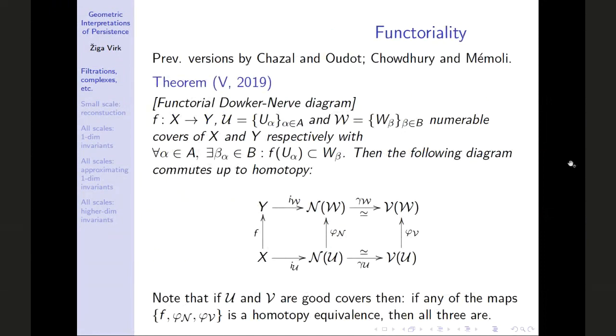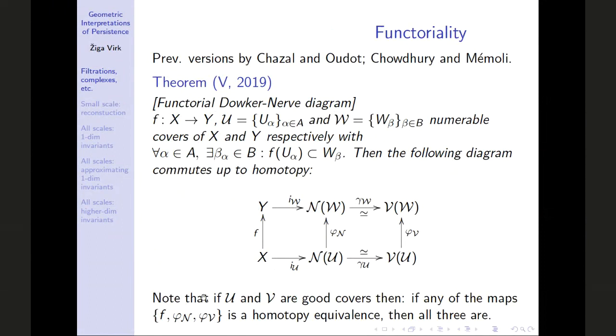Oh yeah, maybe just one slide. Maybe you shouldn't read all of that, but the point of the slide is that we're talking about the nerve complex, and we're talking about the Dowker complex, and in some cases, especially since we have filtrations, one would think about whether these things are functorial, and the easiest way to describe this is in such a diagram.